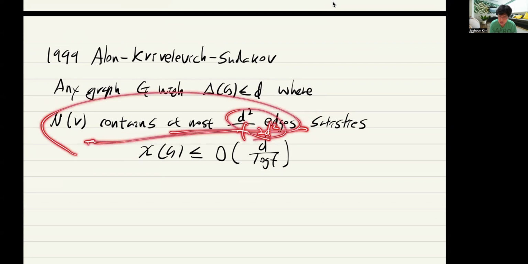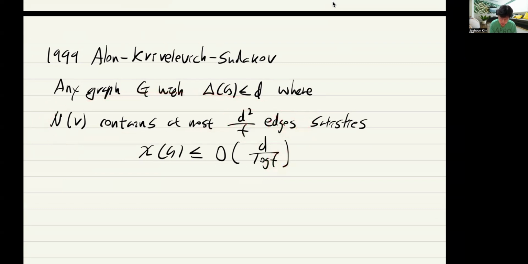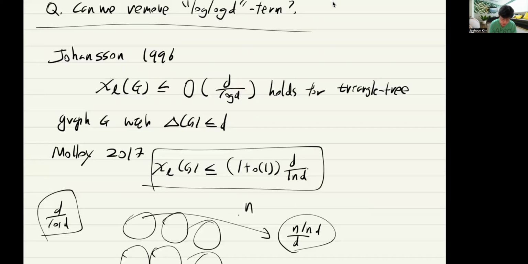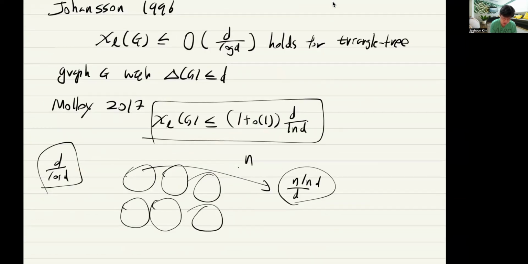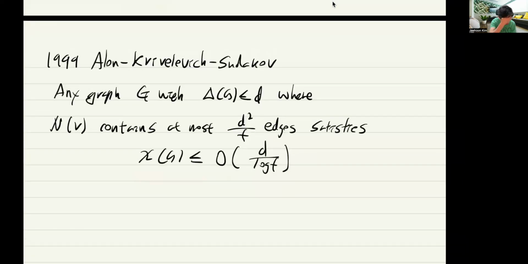So that's the triangle free case. So if you plug in d squared here, then what? That's d over log d. So essentially this implies the theorem for the chromatic number. So this is even stronger, with the list chromatic number, and this is for the chromatic number.